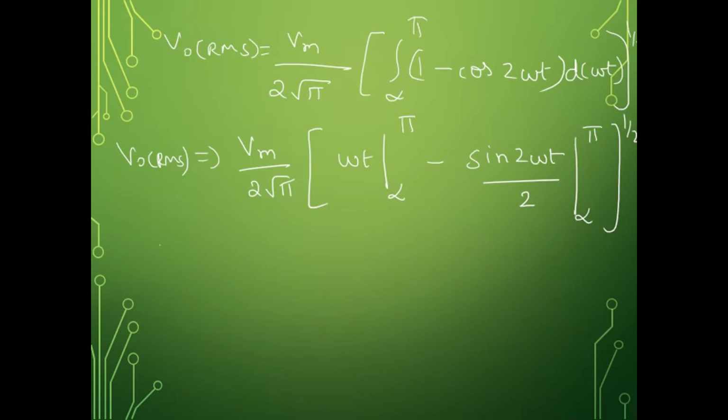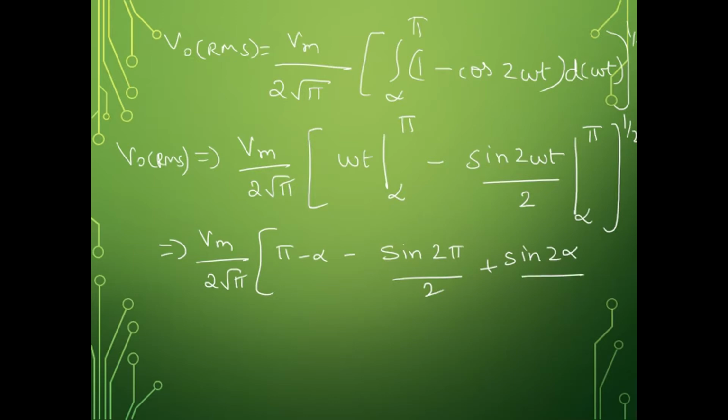Now we'll substitute the upper and lower limits. So it is Vm by 2 root pi into pi minus alpha minus sine 2 pi by 2, minus of minus becomes plus sine 2 alpha by 2, within the root.